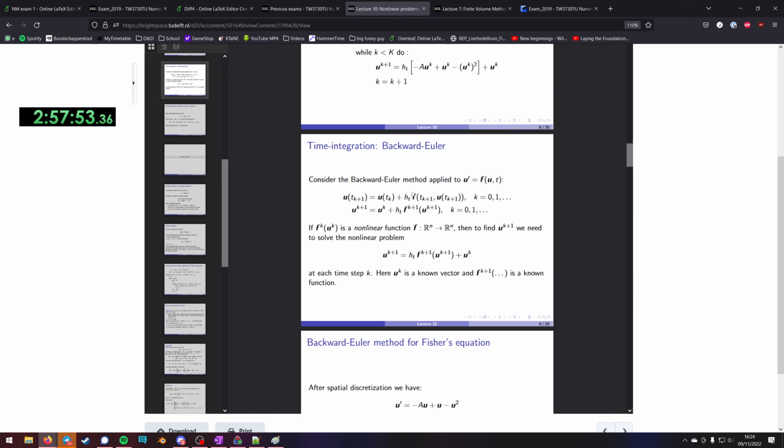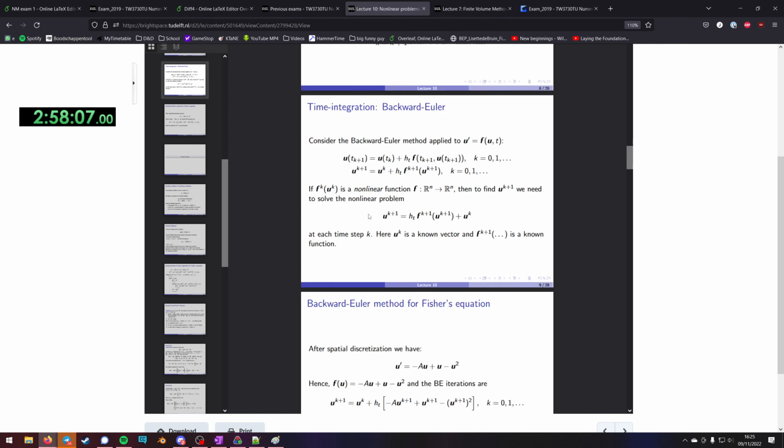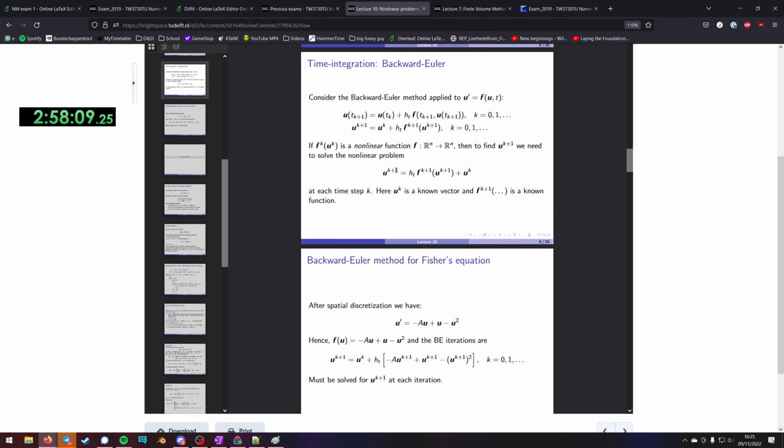So backward Euler is the exact same thing, but instead you're using uk plus 1. So you can get this by rearranging. If you take the antiderivative or the opposite of this f function and apply that, then you can get uk plus 1 all to one side and uk to the other side.